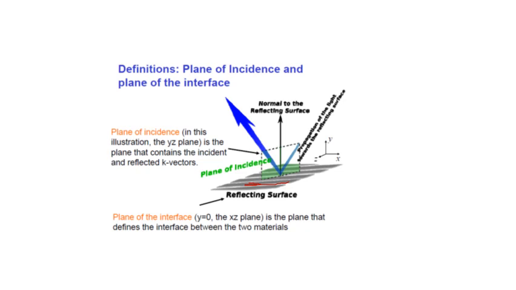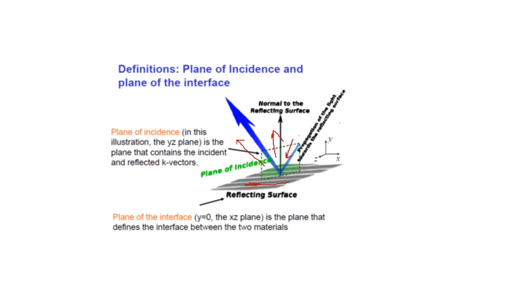The light is propagating through here, and from there it is reflecting and moving in this direction. And this here is the normal to the surface.